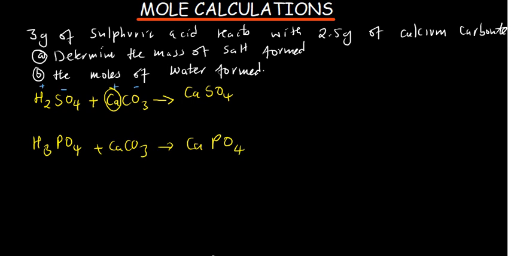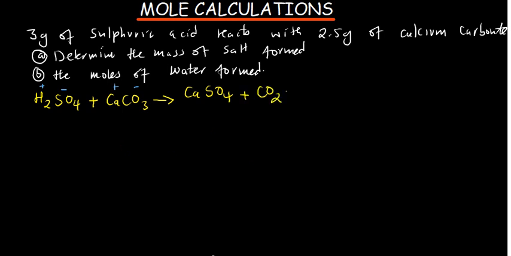Calcium has got a valence of 2, phosphate has got a valence of 3. So the 3 from the phosphate would have come here, and the 2 from the calcium would have come here. That would have been the formula, but that's not the case. Because they've both got a valence of 2, the formula just goes direct like that. And then you're going to have carbon dioxide and also water.